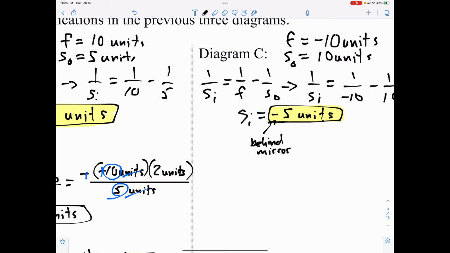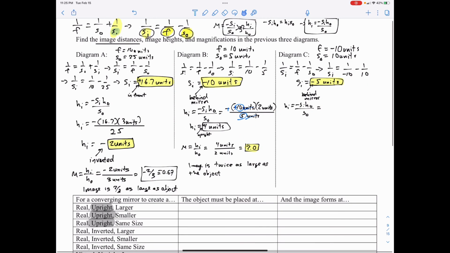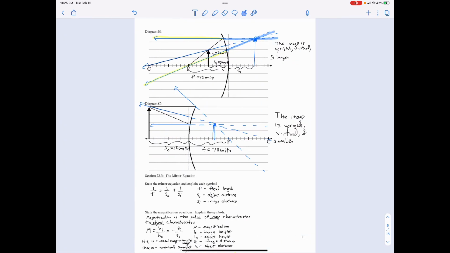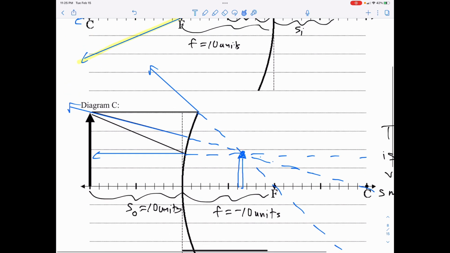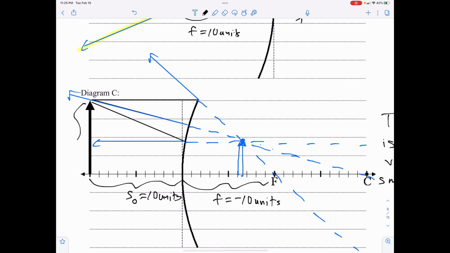All right, the image height is negative times the image distance... actually, -Si times Ho over So. So let's take a look at some of those values again. We need the object height. It appears to be about 4 units high. This appears to be about 2 units high. Okay, let's verify that.